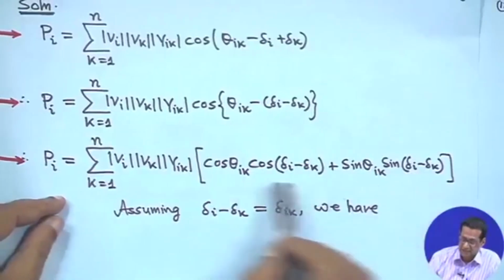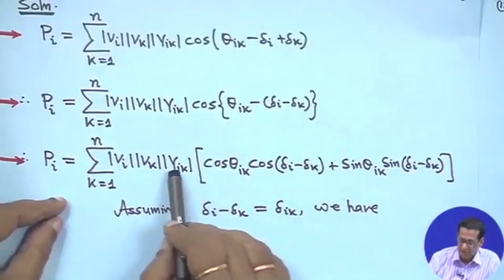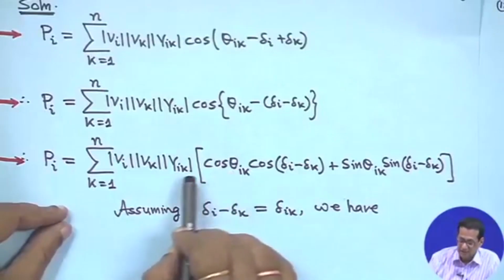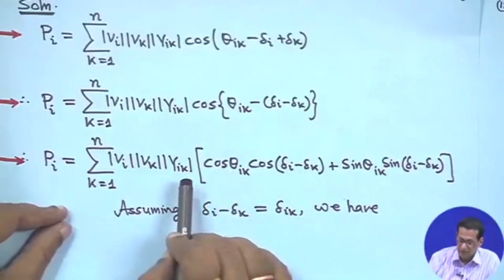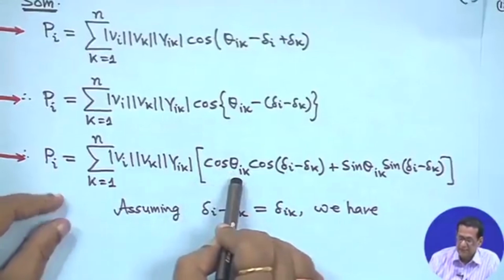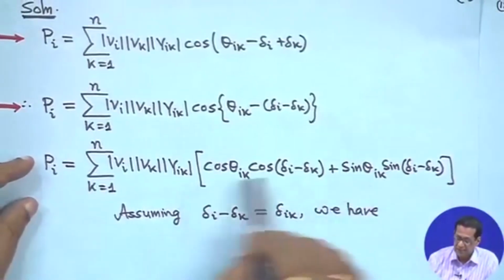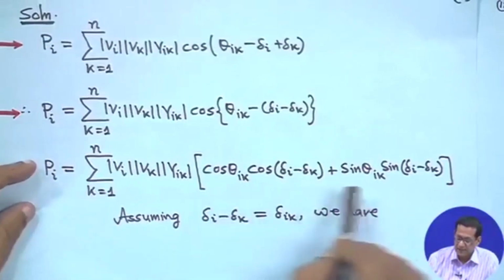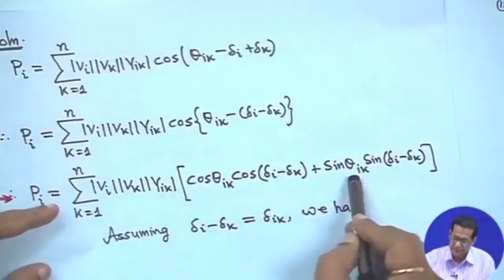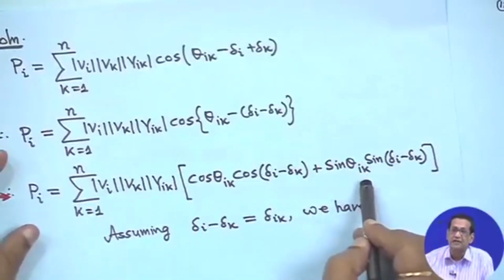When you multiply by magnitude Yik, Yik cos theta ik will be Gik, and Yik sin theta ik will be Bik.